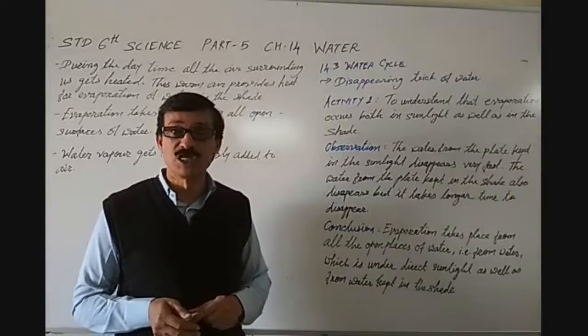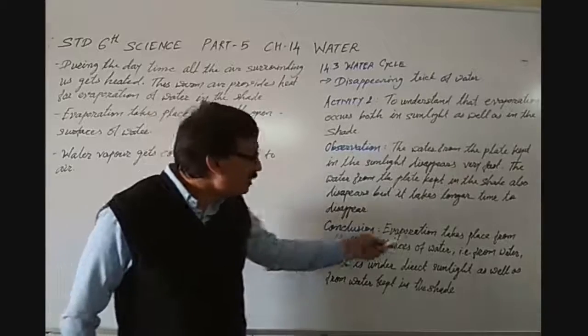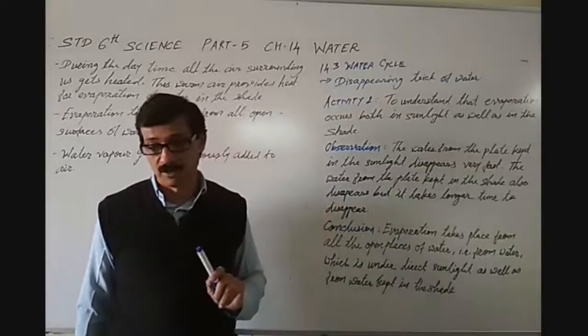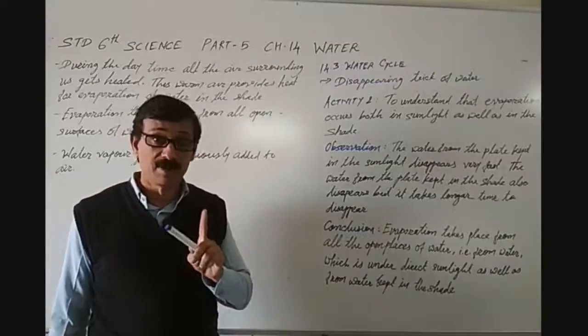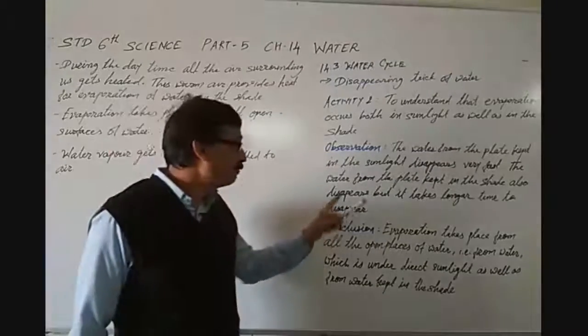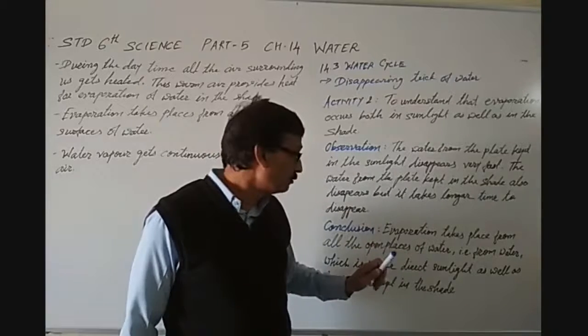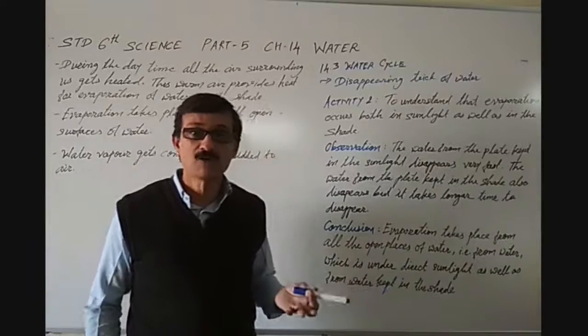So what is the conclusion? Evaporation takes place from all the open places of water. Remember, evaporation takes place from all the open places of water. Now, which are those places?